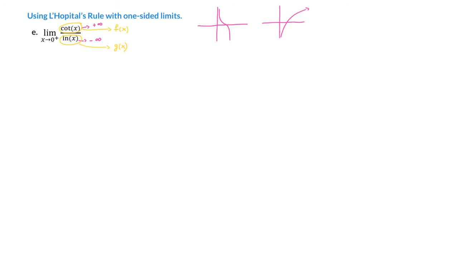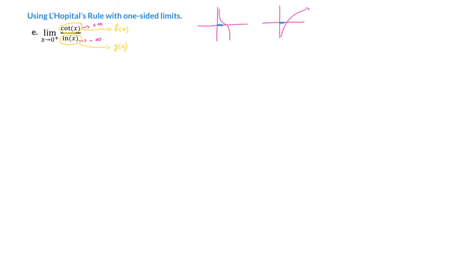So in other words, let me go back to my graph over here. If I consider this tiny interval to the right of 0 and this tiny interval here to the right of 0, I know that f and g are nicely differentiable around 0 to the right of 0.